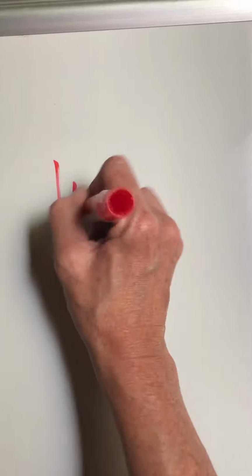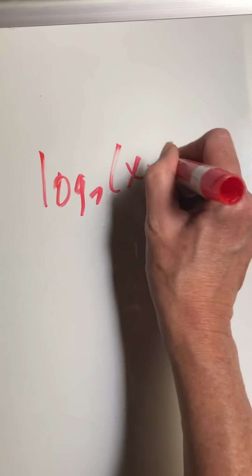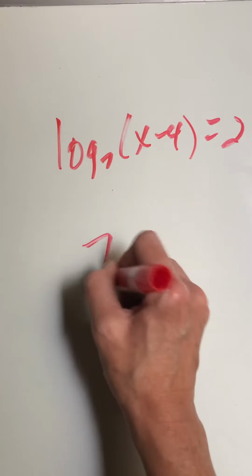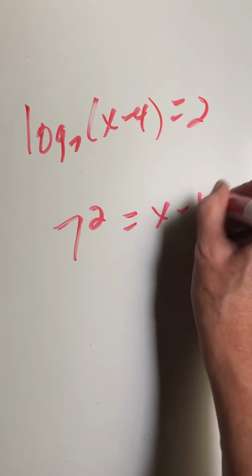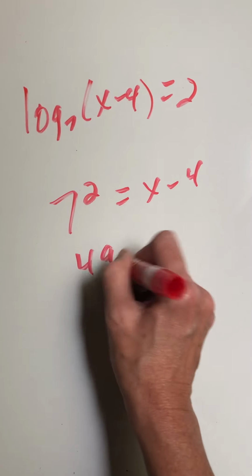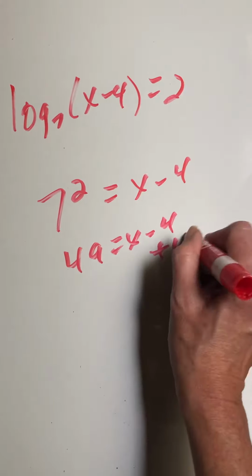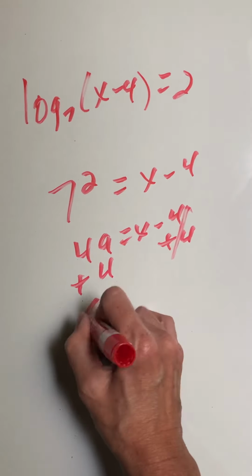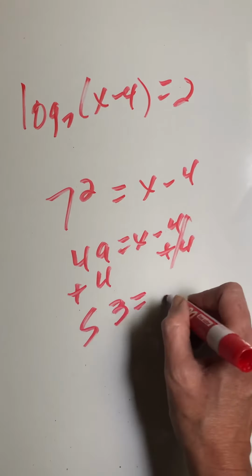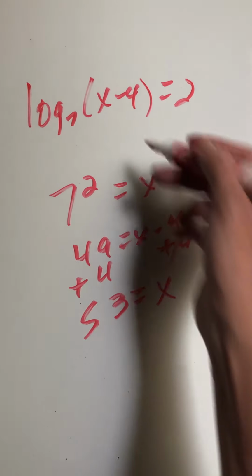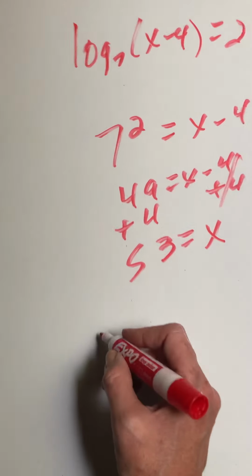So let's see, log base 7 of x minus 4 equals 2. So that means 7 squared equals x minus 4. So this is 49 equals x minus 4. Add 4 to both sides. So that's 53. So x is 53. Doesn't make that negative or 0, so we're good.